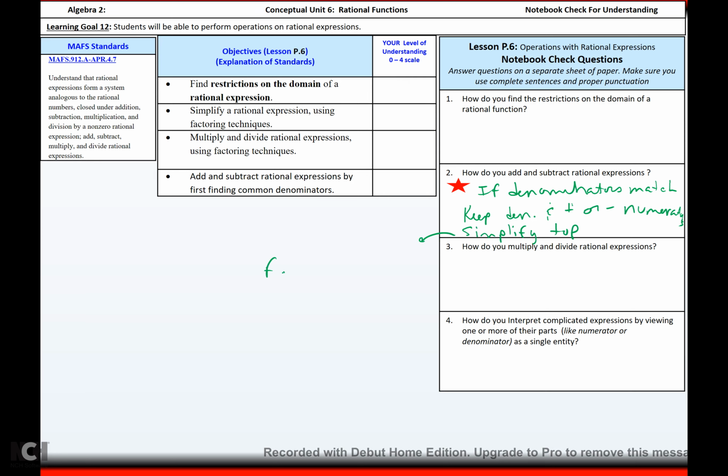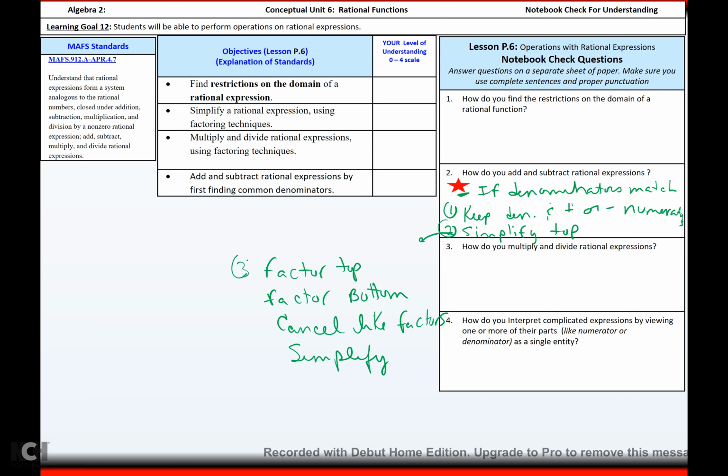Then you're going to factor the top, factor the bottom, cancel like factors, and you're done. Simplify. So if the denominators are the same, 1, you keep the denominator and add or subtract the numerators. 2, simplify the top, factor the bottom, cancel like factors, simplify, and you're done. That's if the denominators match.